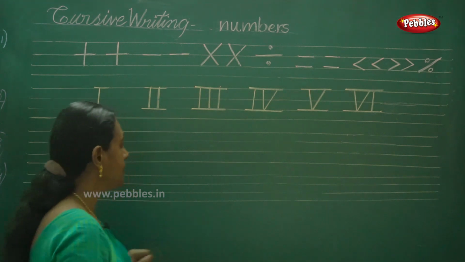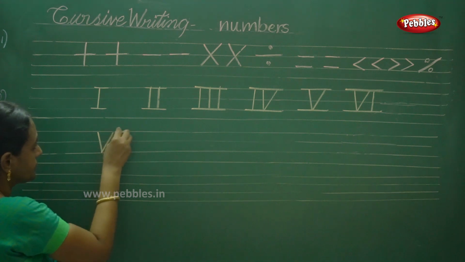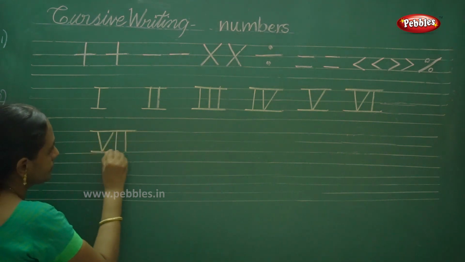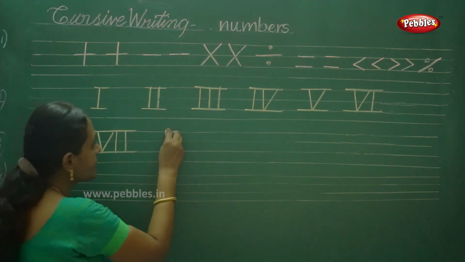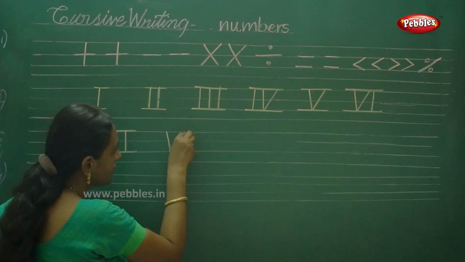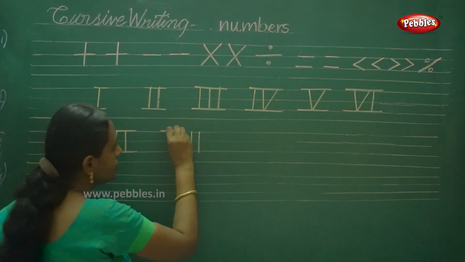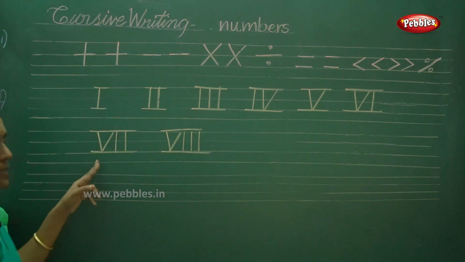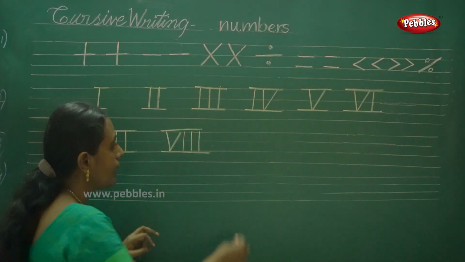Okay, then 7, and 8. From V, first write V and then lines: 1 line makes 6, 2 lines make 7, and 3 lines make 8.